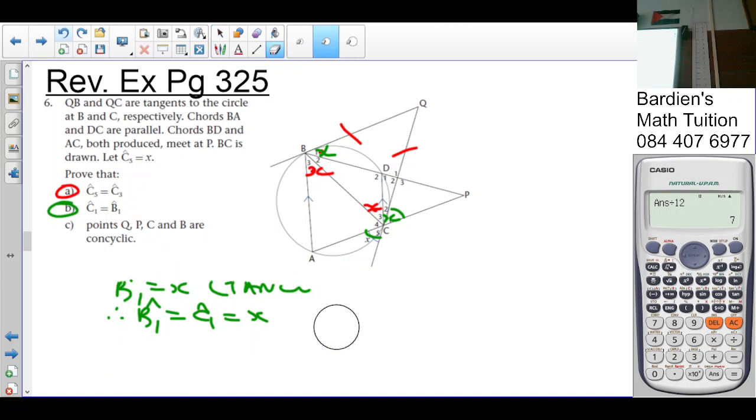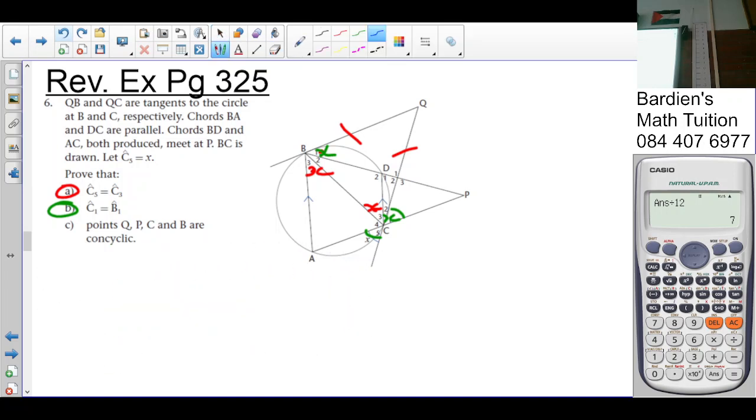Then the question says, show that points Q, P, C and B are concyclic. What does that mean? That means to say a circle can be drawn through those points. You understand? So you've got Q, P, C, B. Now to prove something is cyclic, we'll prove one of three things.